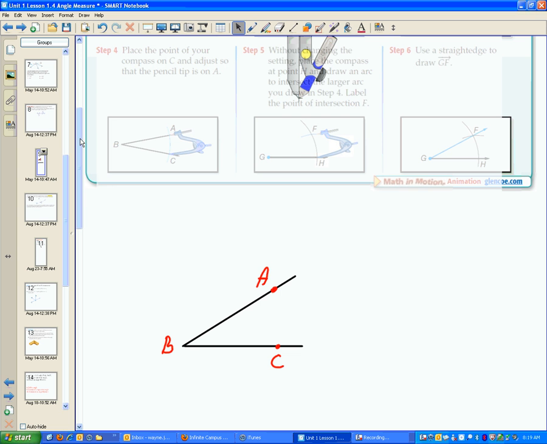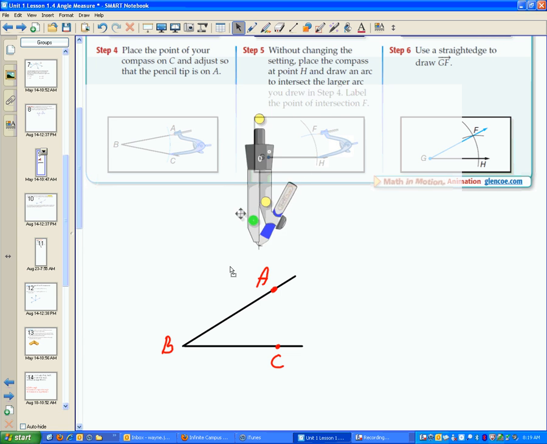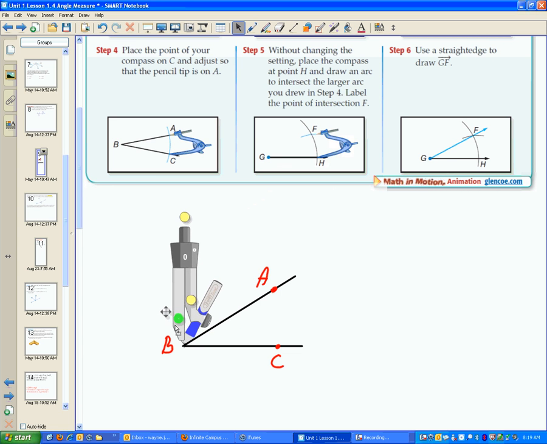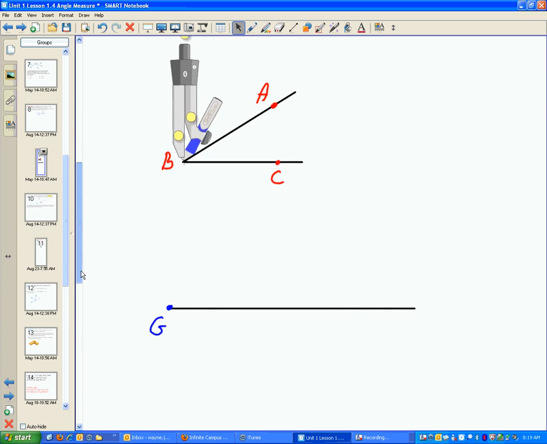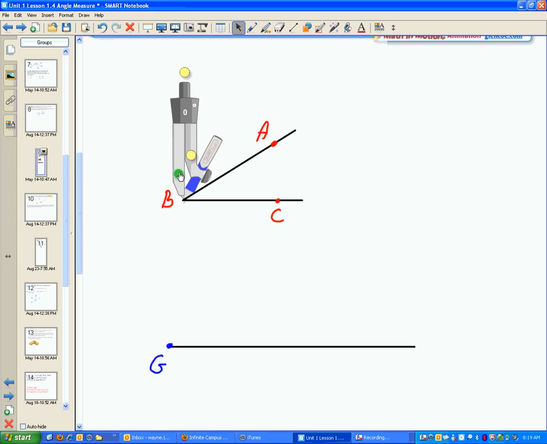We get our compass. We move it to the vertex of our given angle. So move the point to point B. And we stretch out the pencil away.